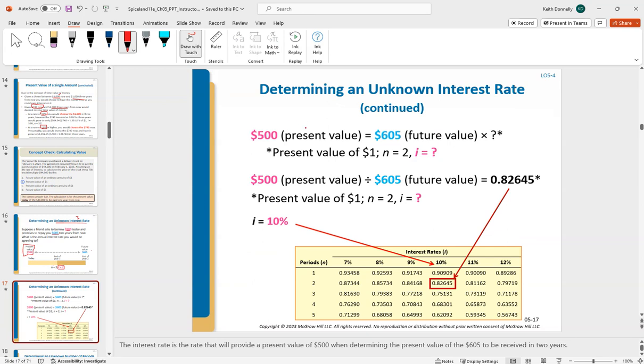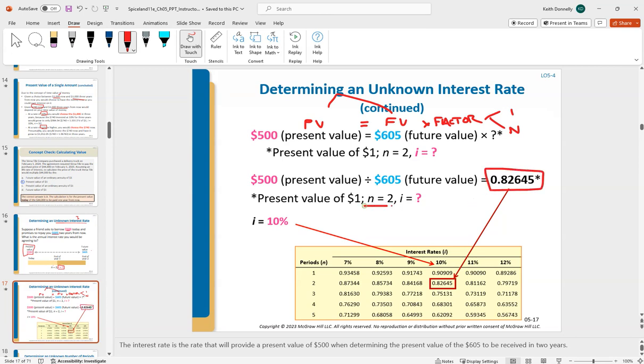Well, we have that equation: the present value equals the future value times the factor, which is the I and the N. All you essentially do is a little bit of algebra. You move the future value over here: 500 divided by 605 is 0.82.